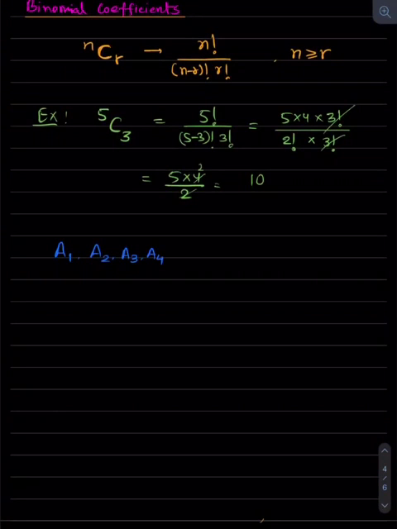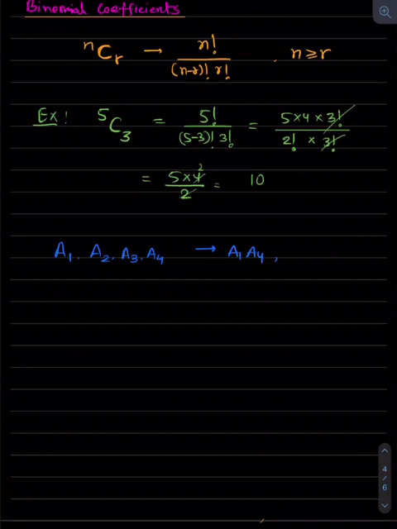So how many pairs, how many ways can you select 2 out of it? Let me write: first a1 a2, then a1 a3, then a1 a4, then a2 a3, a2 a4, and finally a3 a4.